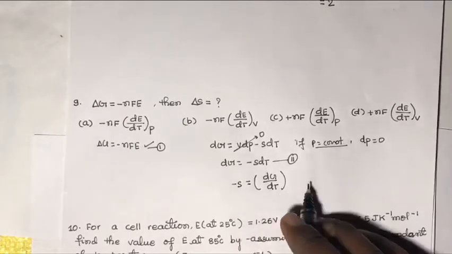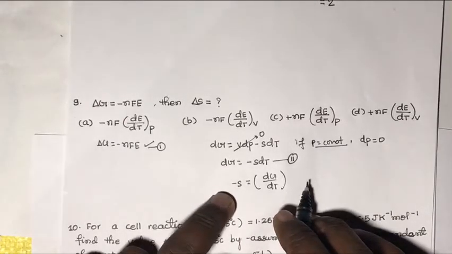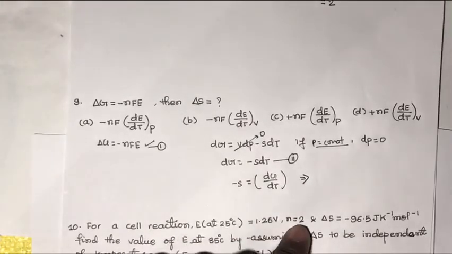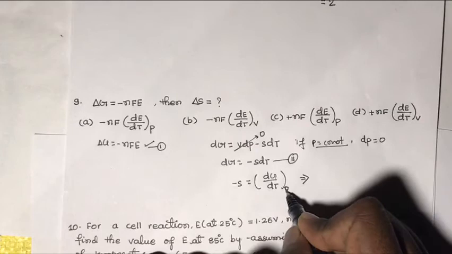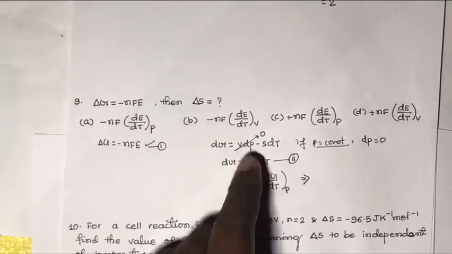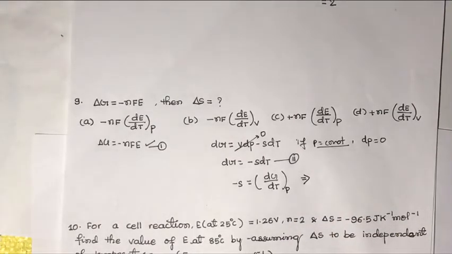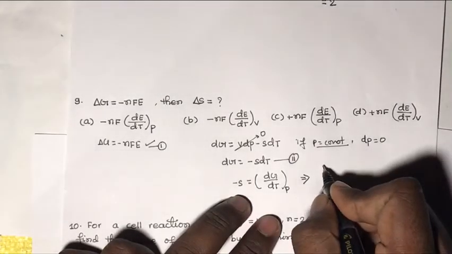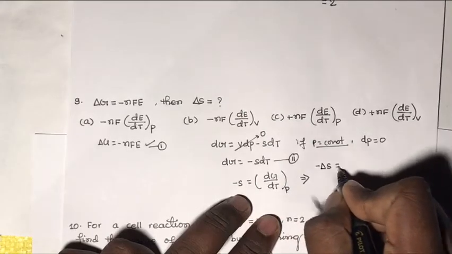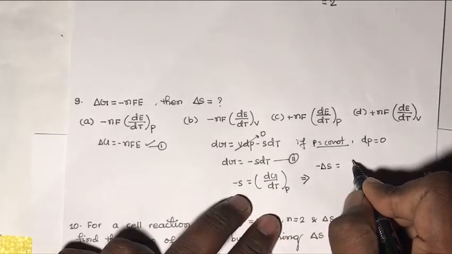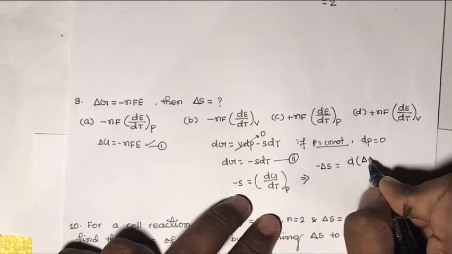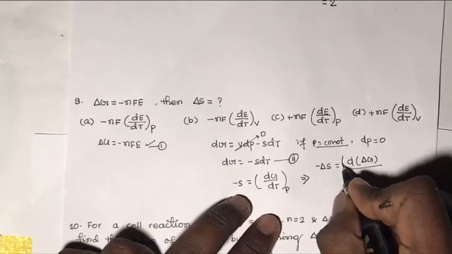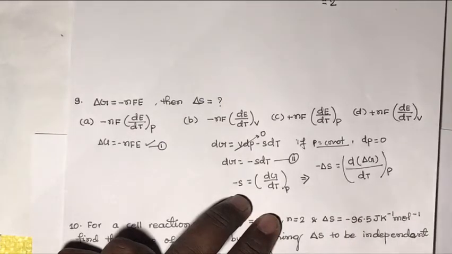Okay, and remember this will be at constant pressure, because here we have taken constant pressure. Now if you find the value of delta S, so minus of delta S will be equal to this differentiation, delta G upon delta T at constant pressure.